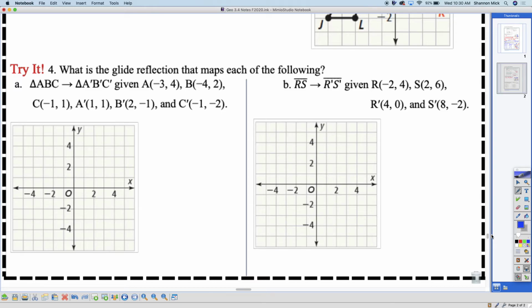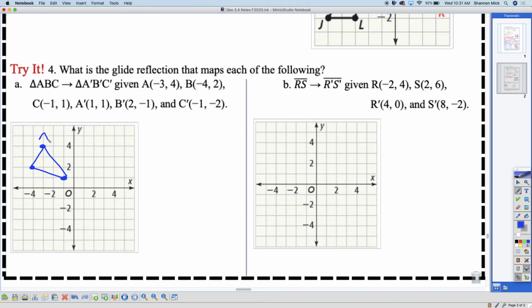So -3, 4. And -4, 2. And -1, 1. Or -3, 4 of these. Never mind, I went the other way. Oops.